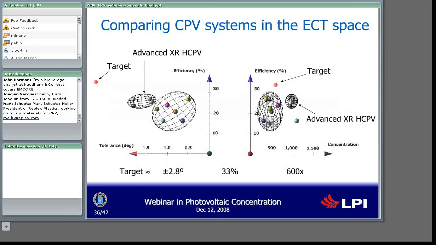It would be possible to make a target with the concentration level decreased to between 400 and 600, for instance, with a slightly higher efficiency achievable, because our tolerance could be as close to 3 degrees as a target.